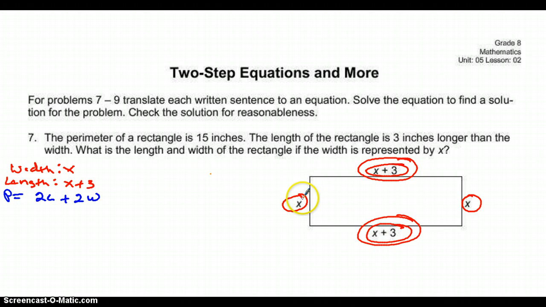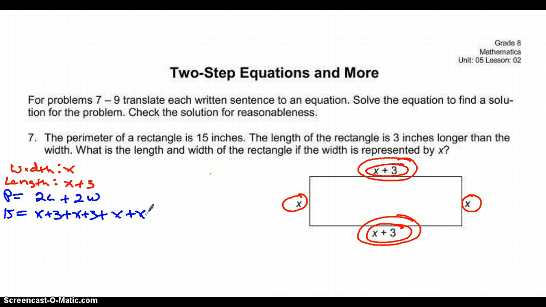If my length is x plus 3, then for the perimeter, 15 is equal to x plus 3, two of them, plus x plus x.